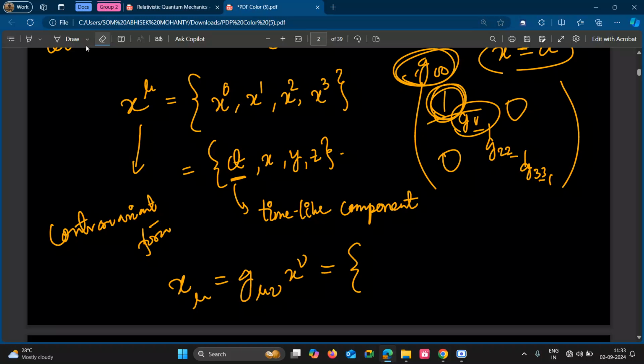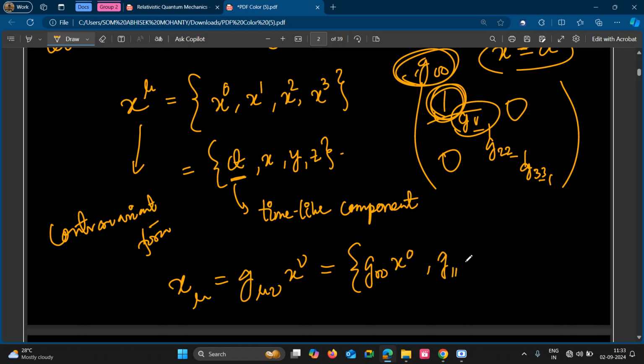So this can be written as g00 x0 upward, then g11 x1, g22 x2 and g33 x3.